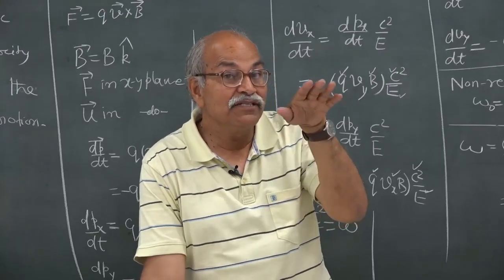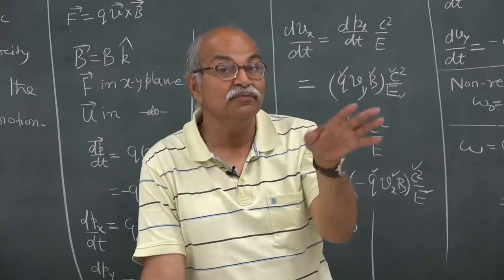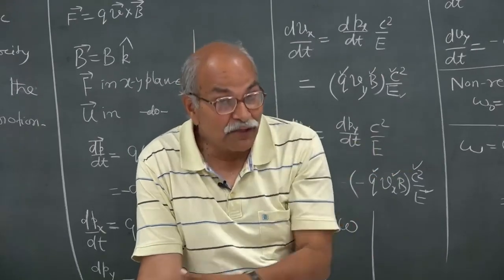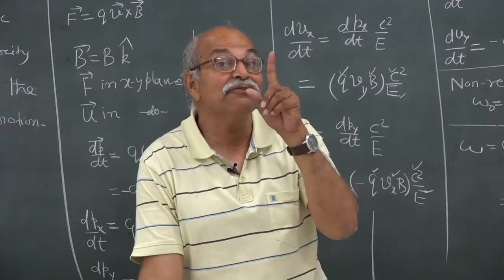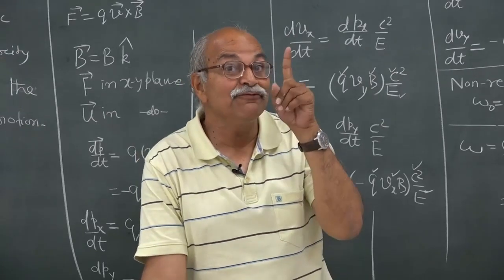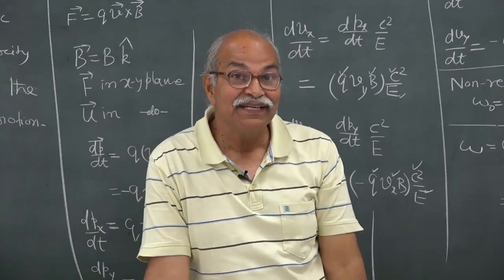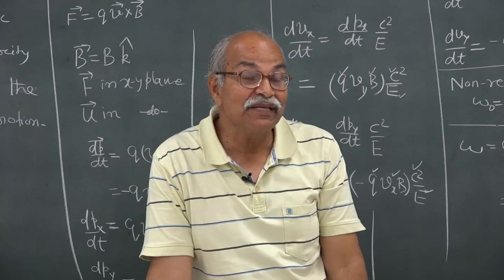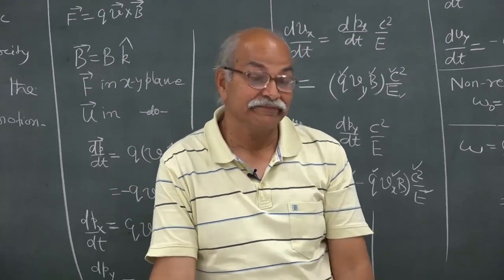So, if I change frames, I know how to change velocities, how to change positions. We can also work out how to change accelerations, but how to change force from frame to frame, that also is a question, and we will just see that the force also depends on which frame you are seeing it from.